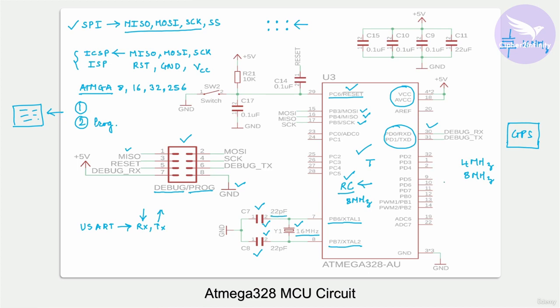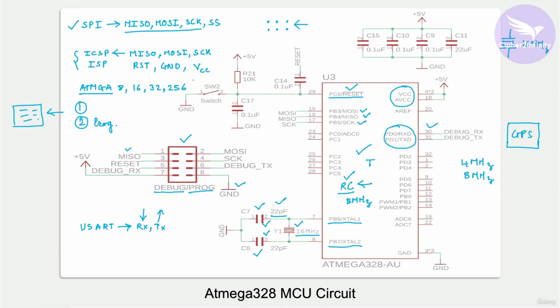So again, if you check the data sheet of this microcontroller, you will see that for different crystal values, they have given different values of load capacitor. And for 16 megahertz, this is the value. That's the reason this value is connected here. So I hope that this particular point is now clear to you.